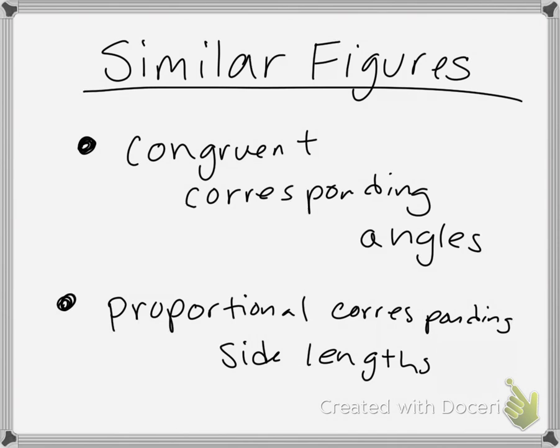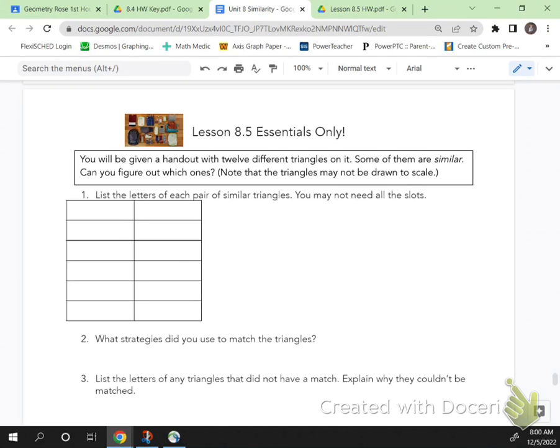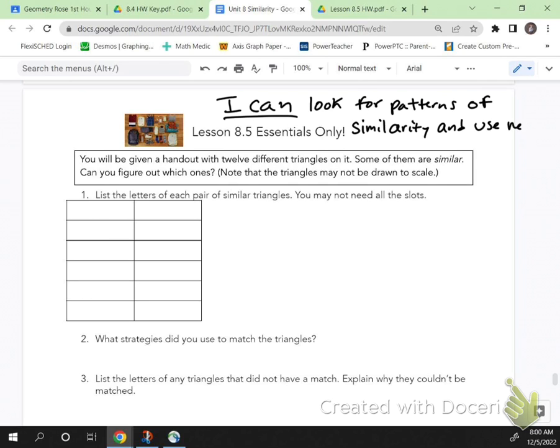Okay, so today in our activity, to get us started, what we're looking for today is: I can look for patterns of similarity, and use new shortcuts for similar triangles.